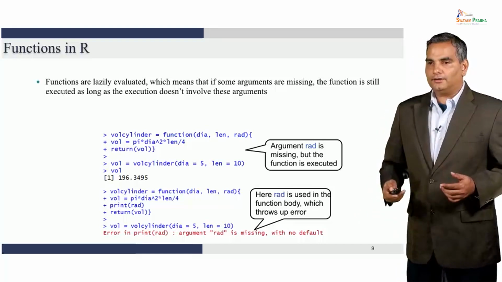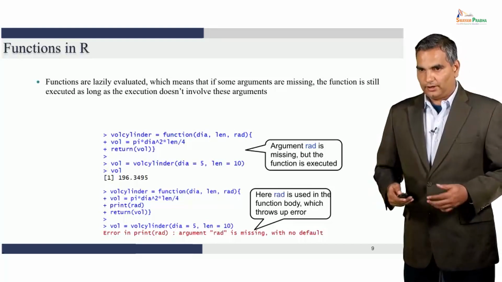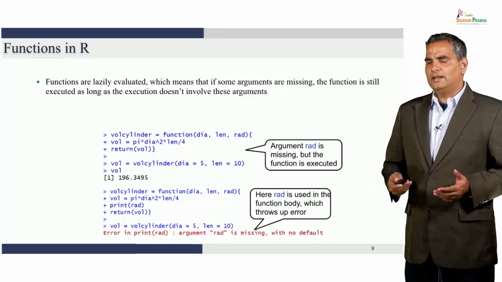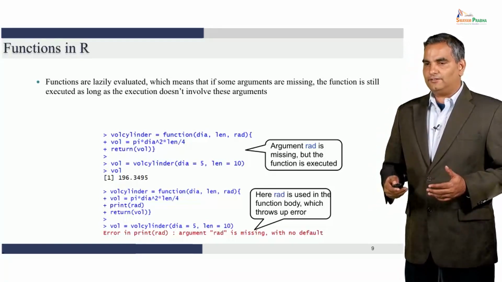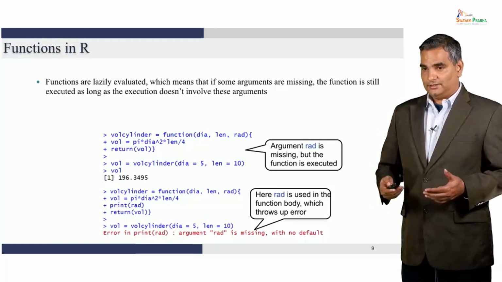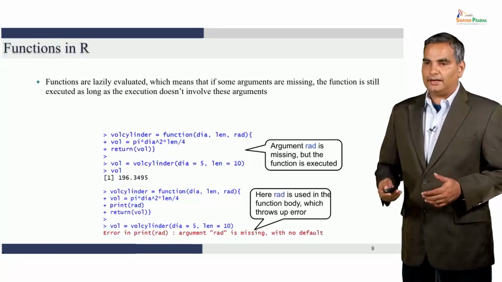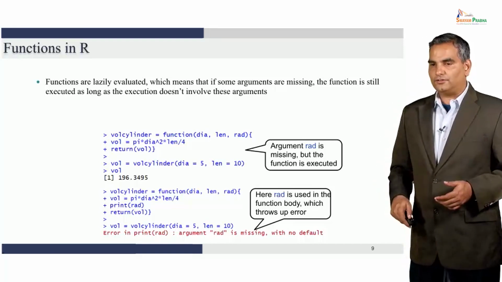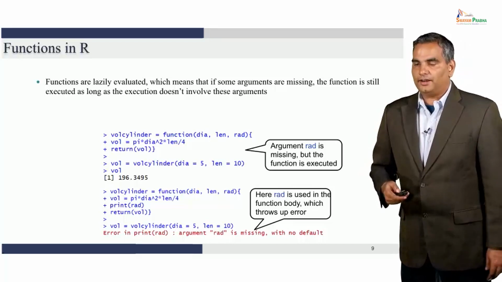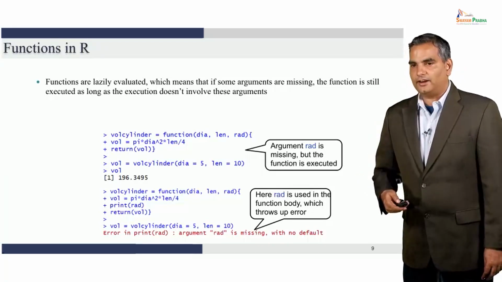So in R, to keep flexibility with programming, functions are generally lazily evaluated, which means that if there are certain arguments that the function is looking for and you do not provide them and those arguments are not used in the function, no errors are returned. For example, let's say we define volume cylinder as a function of diameter, length, and something called radians, RAD.